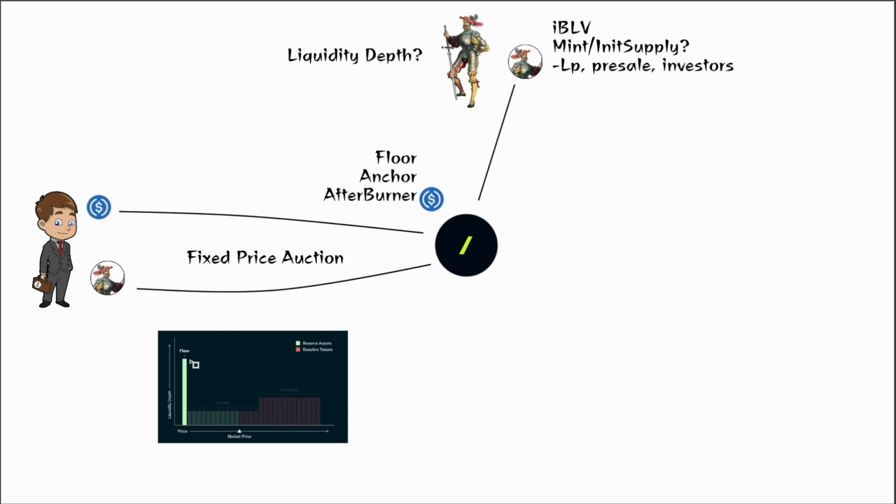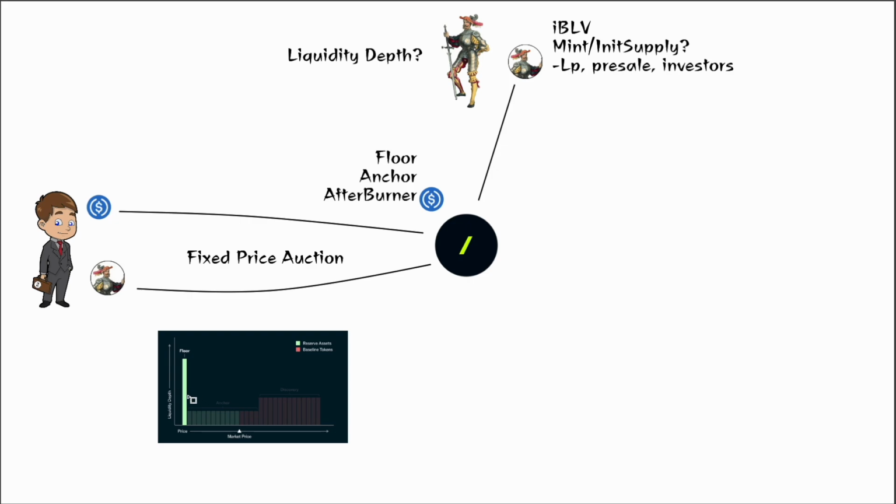This floor price is basically a price that the token can never go below. It's calculated based on all of the circulating tokens outside of the liquidity pool. So it takes the entire supply and subtracts the supply that's inside the liquidity pool, like in this discovery area, and says the floor price should be here.